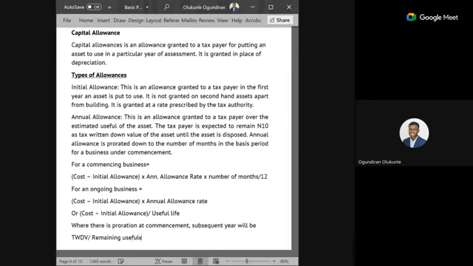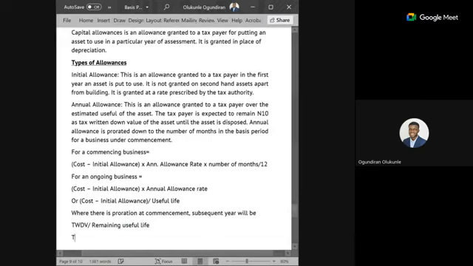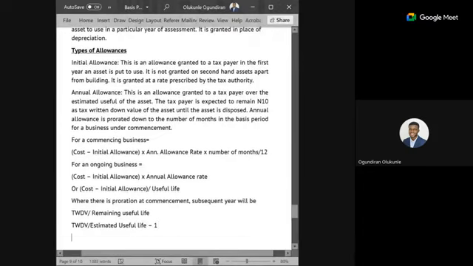Don't bother yourself about this. Or we can say tax written down value divided by estimated useful life minus 1. Whichever works, you are going to get the same answer. That is it about annual allowance. Are we good to go?